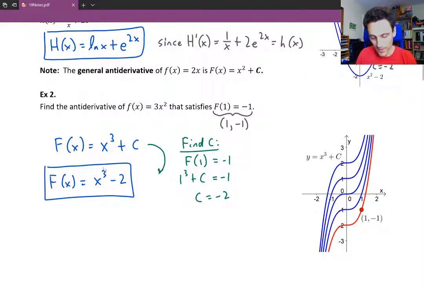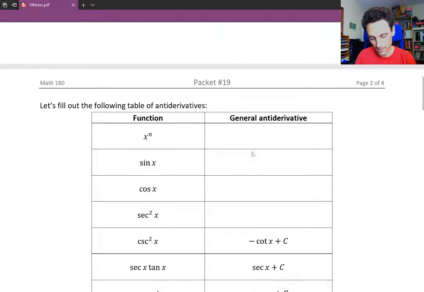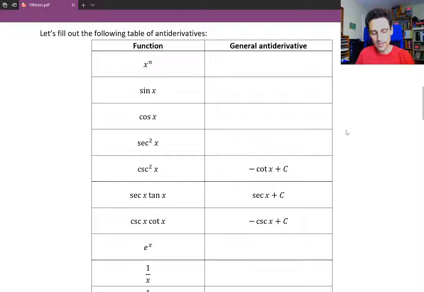Let's spend a little bit of time practicing with just the little algebraic parts, like how do we find the antiderivative of 3x squared and things like that. So we have a table of functions, and on the right side we're going to try to find the general antiderivative for these functions. What would be the general antiderivative of x to the n in general?